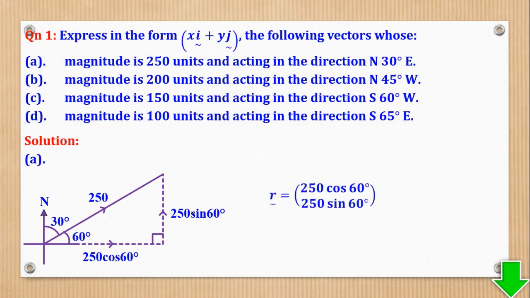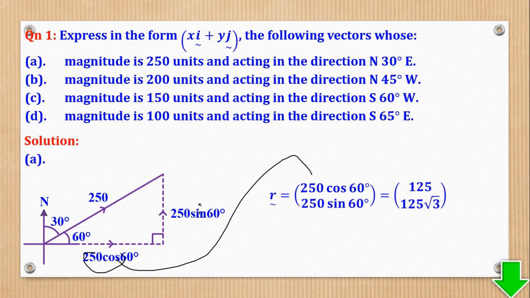Therefore, now I can write in vector form by saying this, starting with this, followed by this. When I use a calculator, this gives me that, and this gives me that. So that is part A, this vector in ij form.